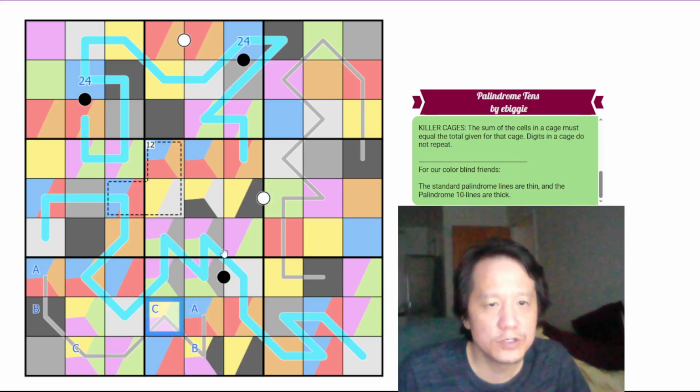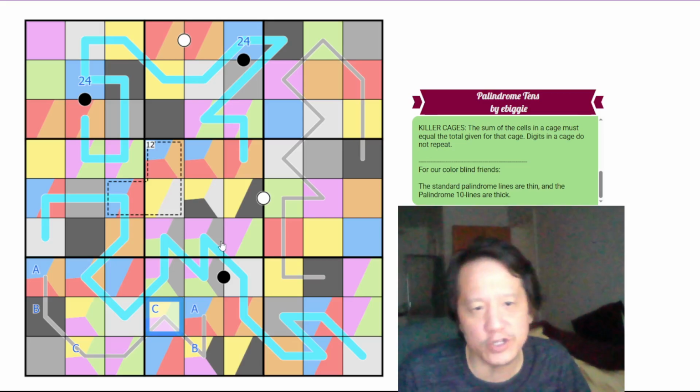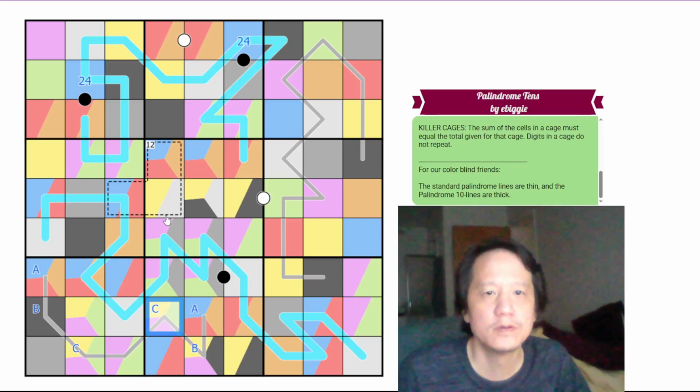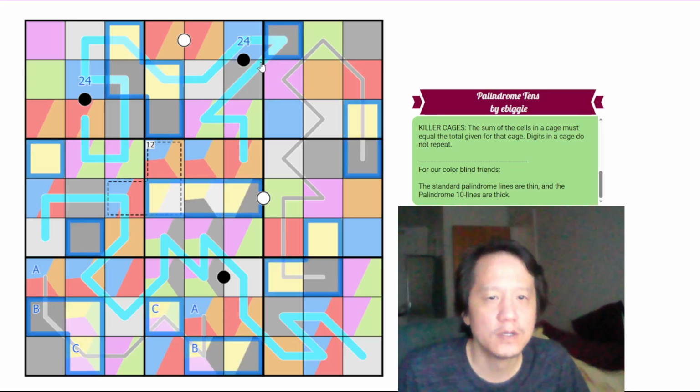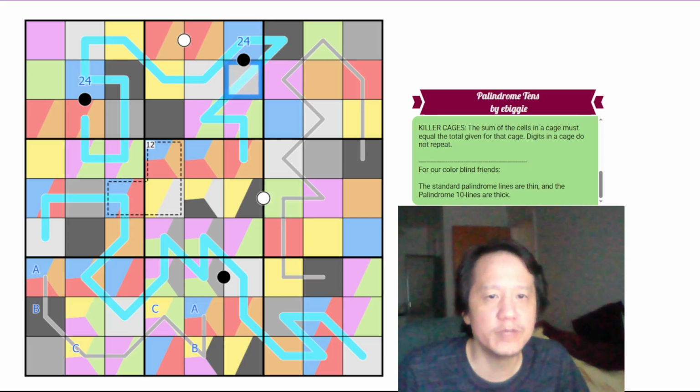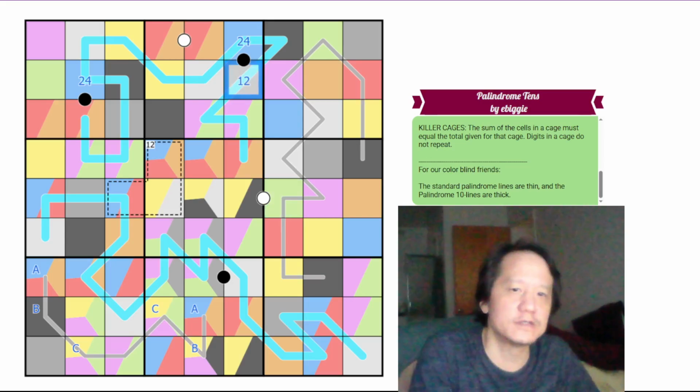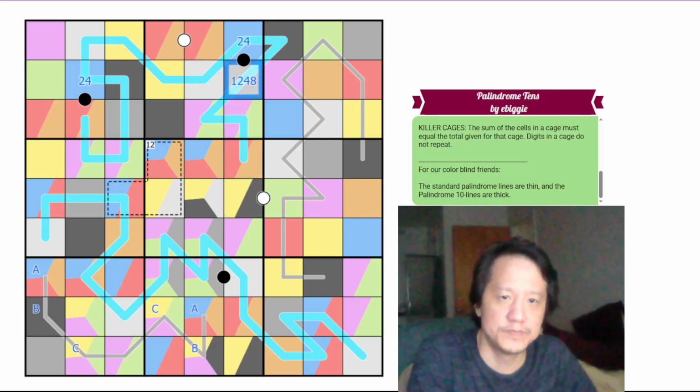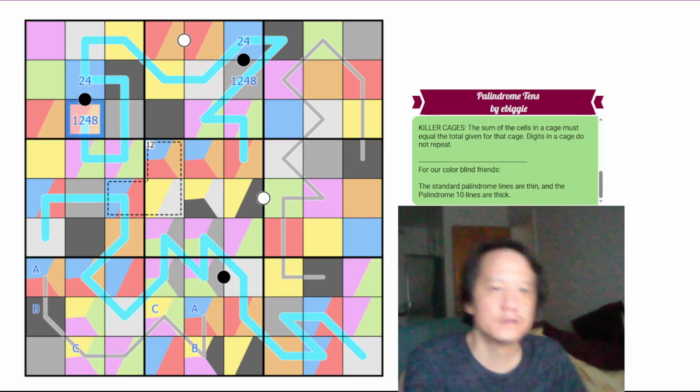So that's essentially all the colorings we know. Blue is 2 or 4. Medium is 1, 2, 4, or 8. This orange or red is 1, 2, 4, 8.